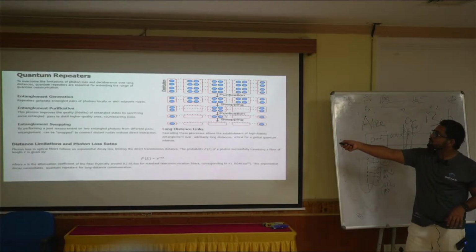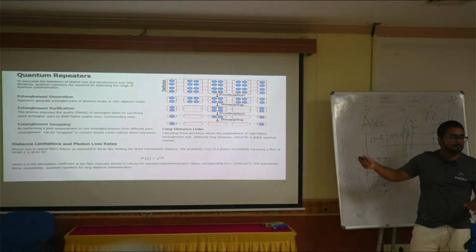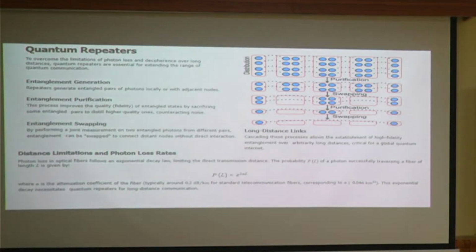Now you see two pairs here, two pairs here, and after swapping as well, fidelity may go down. So you do purification again. After swapping, you do purification again, and then these two become one with high fidelity, these two become one with high fidelity, and then you do a direct swapping. So let's say sir wants to connect with another professor.